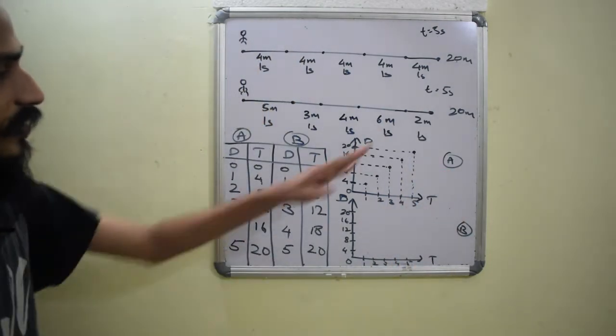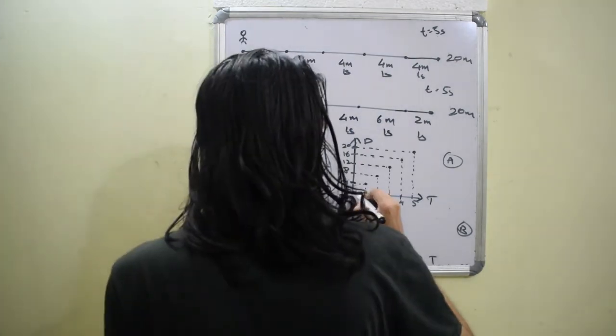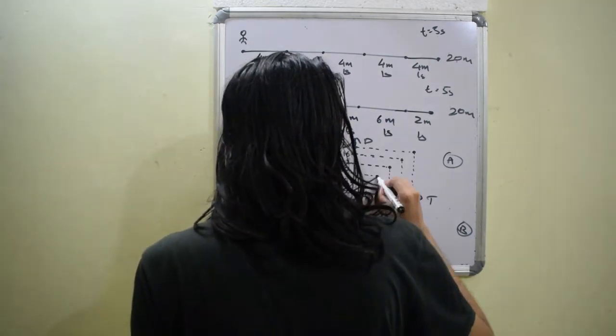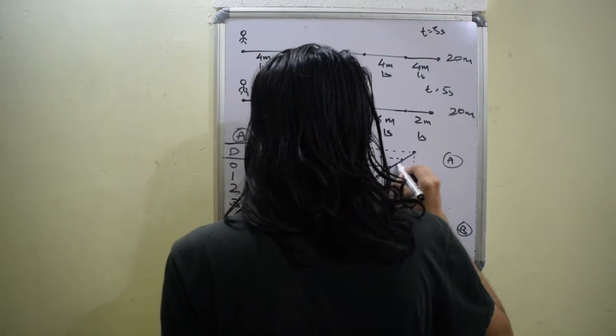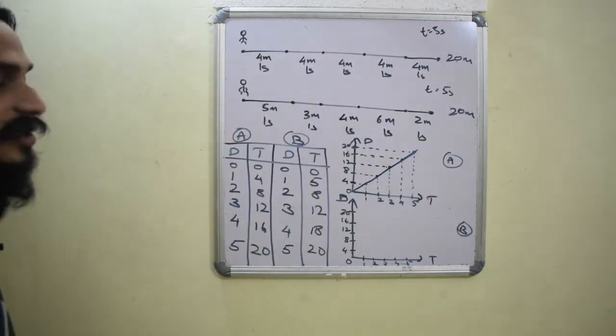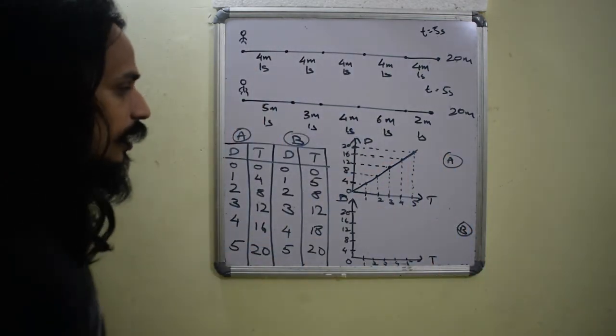Now if you see all these points, if I try to connect them, I can connect them in exactly one perfectly straight line, right?